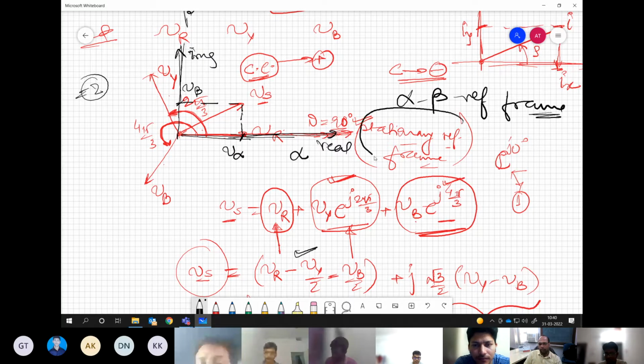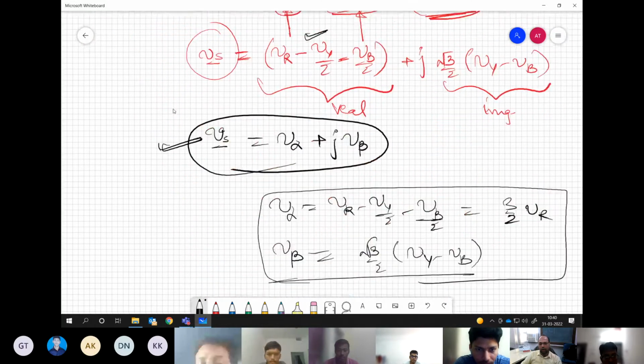And this is a stationary reference frame, which means the reference frame is not moving. This vector is rotating, which means that after a certain time the voltage vector would be here, and so the projections of this vector on these axes will also change. The components V alpha and V beta are dependent on time.